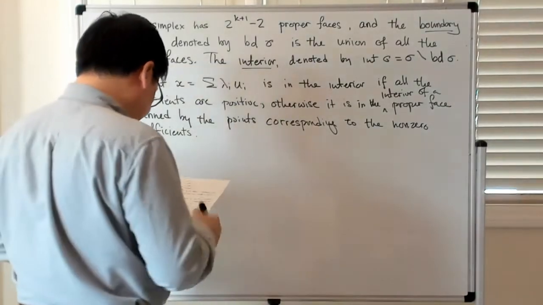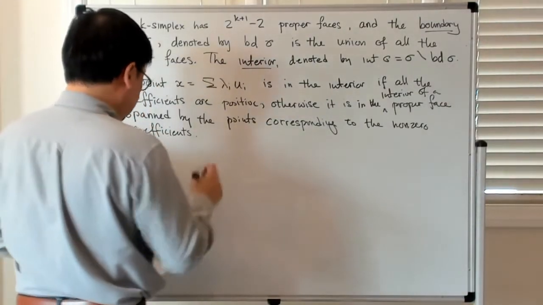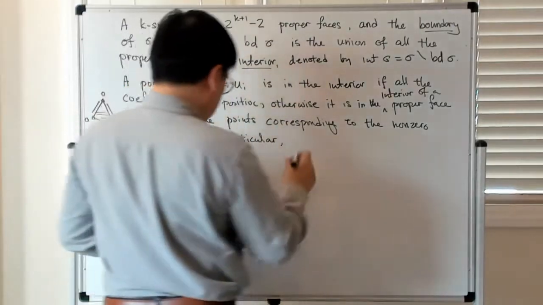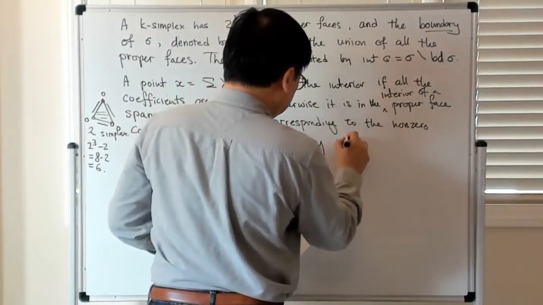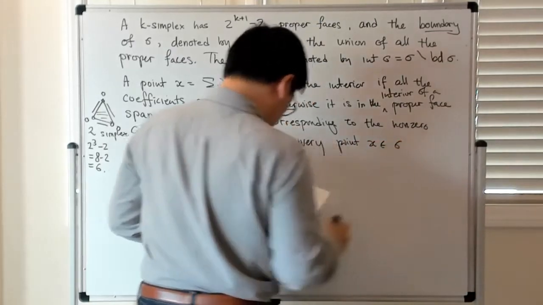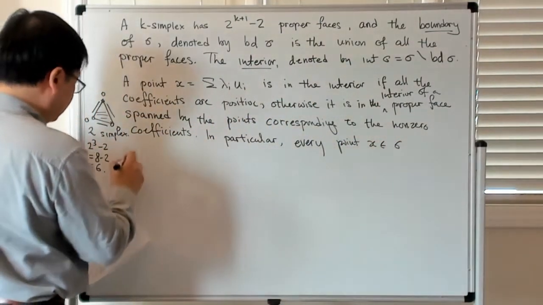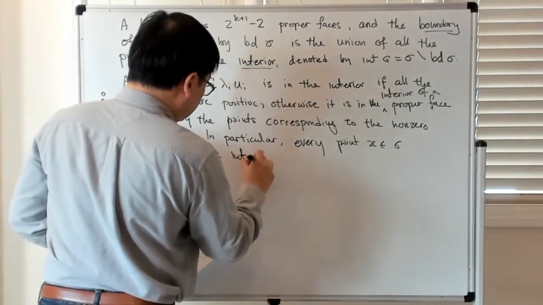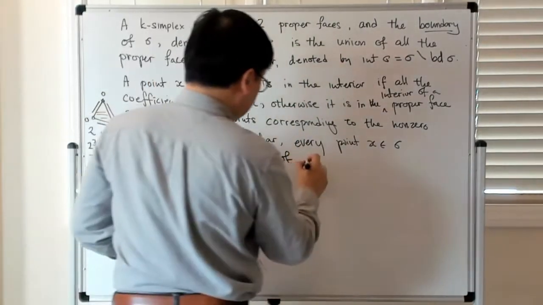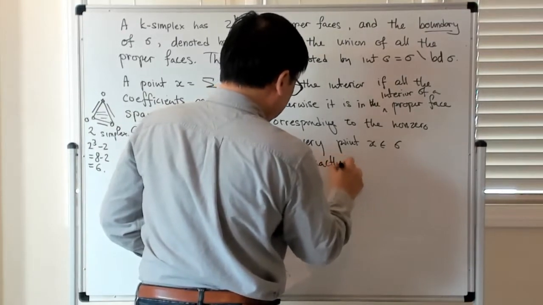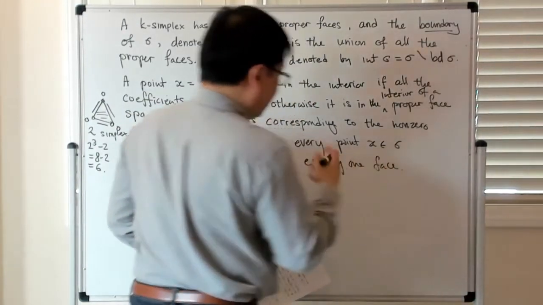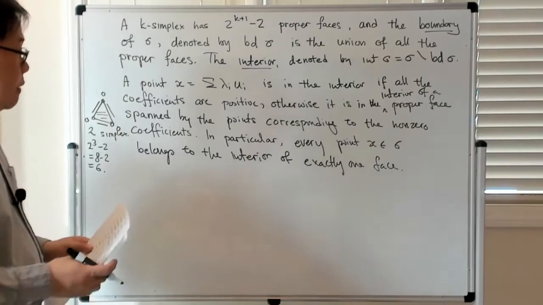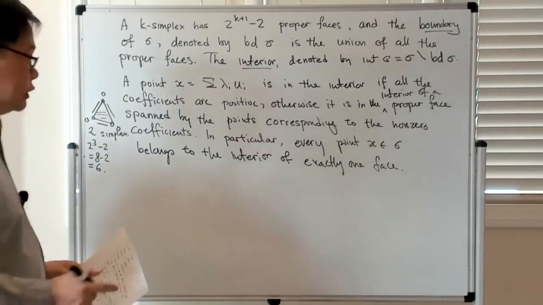So in particular, every point x in this simplex belongs to the interior of exactly one face. And that face is obviously, as we had said before, the face which is spanned by the points corresponding to non-zero coefficients.